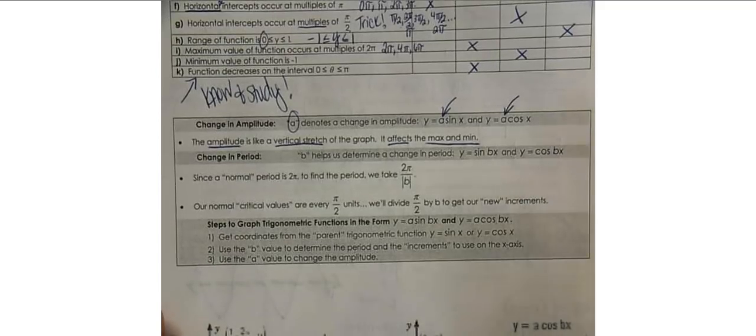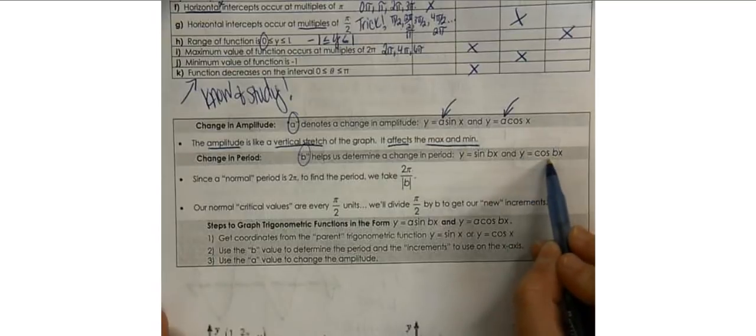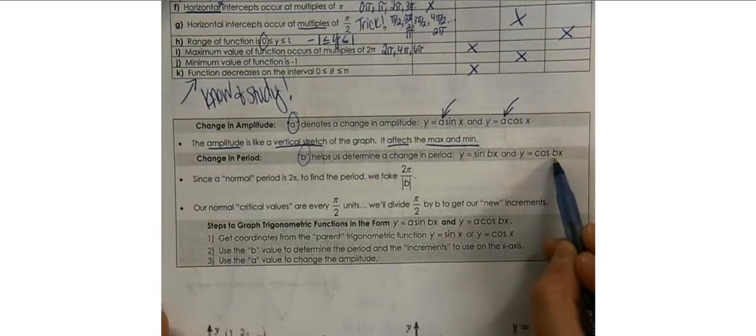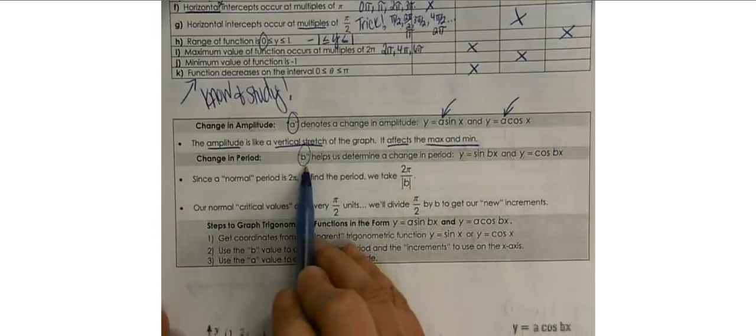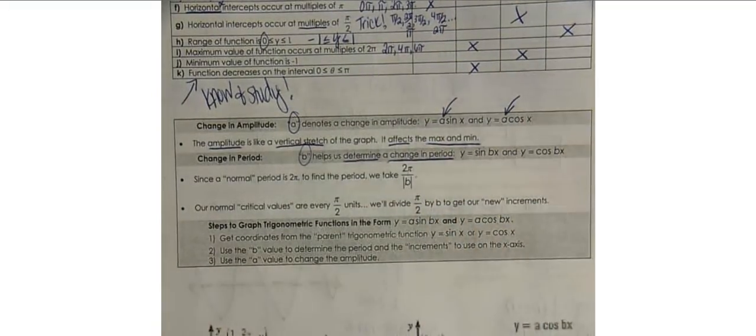Your change in your period, the letter B. So we're now going to be looking at y equals the sine of B times x, or y equals cosine of B times x. The B value helps us to determine the change in the period. So B is not necessarily a period, but it helps us to identify how our period changes.